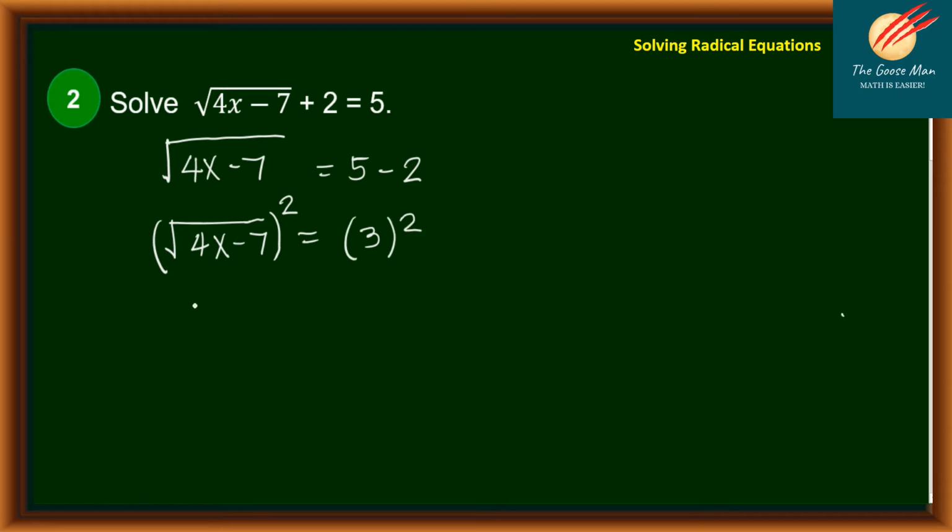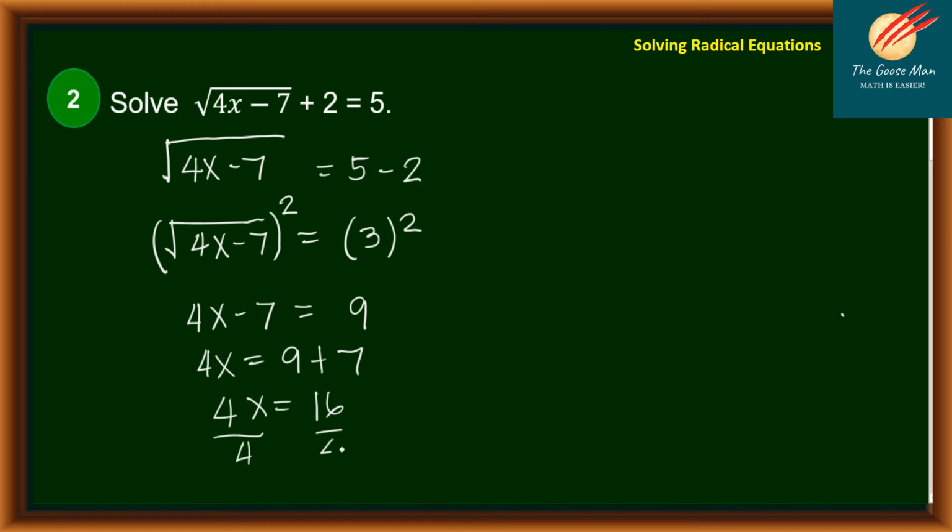So we have here 4x minus 7 is equal to 9. Then add both sides of the equation by 7. So we have 4x is equal to 9 plus 7. So we have 4x is equal to 16. And divide both sides by 4. So we come up with x is equal to 4.